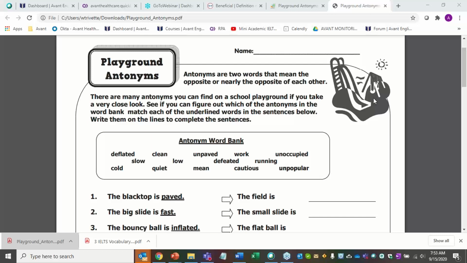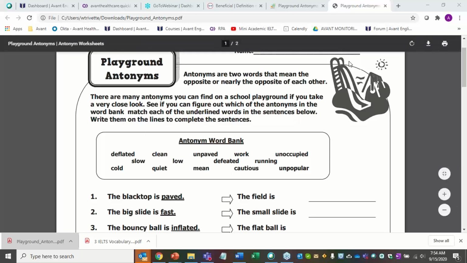Go ahead and unmute yourself. Okay. Anna, are you there? Hello, Anna Lorraine? Yes, go ahead. So the bouncy ball is inflated. The flat ball is deflated. All right, very good. Thank you very much.